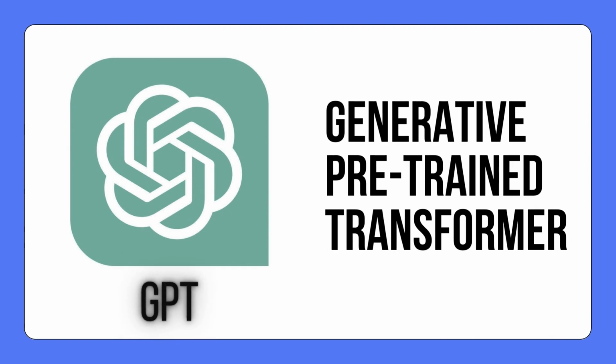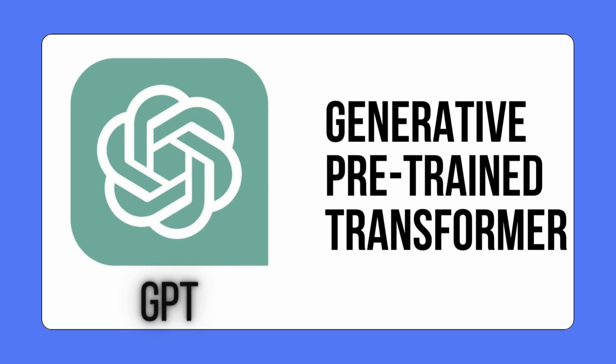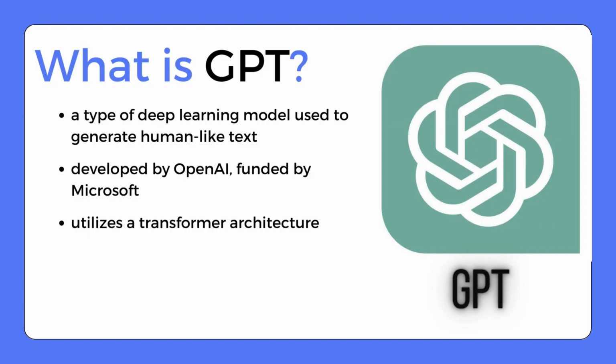And now let's move on to OpenAI's GPT, which is short for Generative Pre-trained Transformer. GPT is a type of deep learning model used to generate human-like text. It was developed by OpenAI, a nonprofit research company, and is funded by Microsoft.